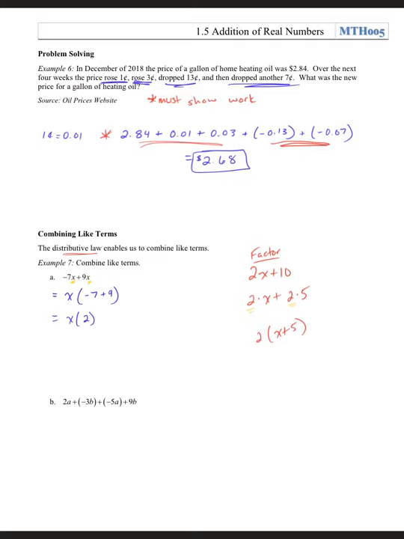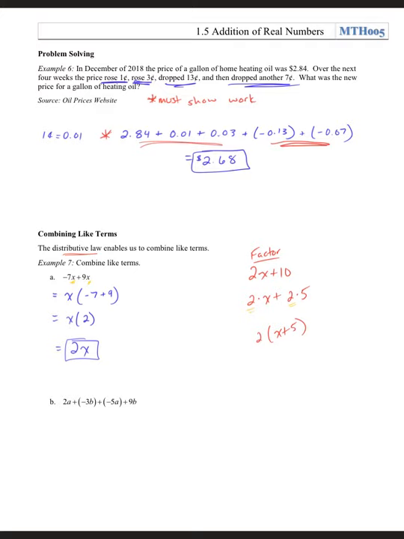X times 2 is 2x. That would be the commutative property by changing the order of that. Now, you don't have to do that every time. I'm just showing you why it works. What we're doing is just looking at the coefficients. Whenever you have like terms, meaning the same variable, you look at their coefficients and you add or subtract those. So negative 7 plus 9 is 2, and then you bring down the x.